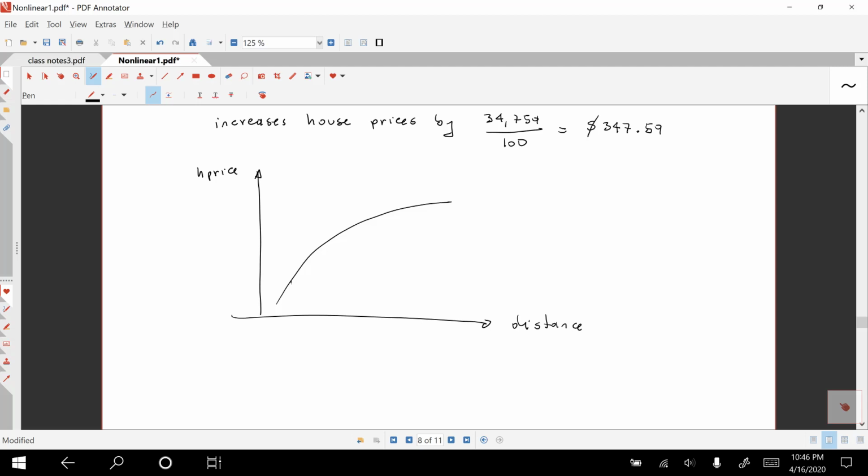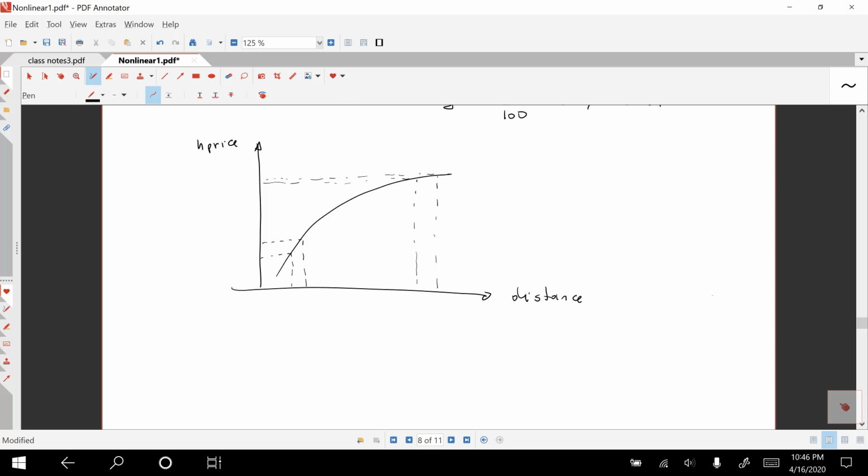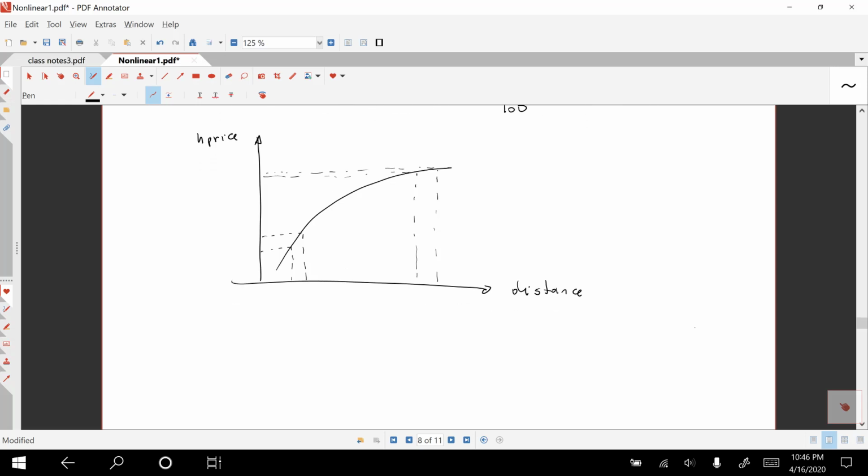So if we were to look at the effect here, and later on, the effects are going to become smaller, which is kind of what you would expect. So with that, I think that's the three types of models.